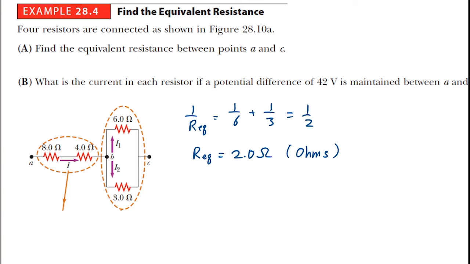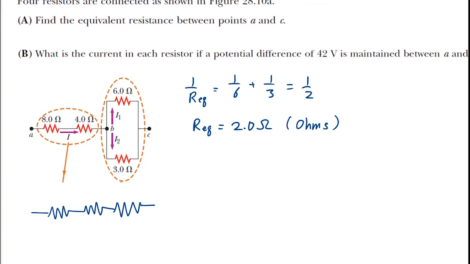Now, you just forget that thing and then you redraw or reimagine the circuit. So this is 8 ohm, and this is 4 ohm, and this we just calculated to be 2 ohm, right? So the total resistance is adding these together.